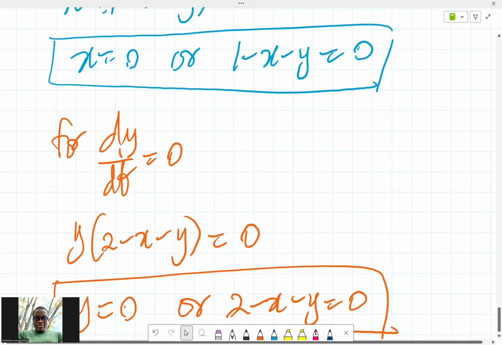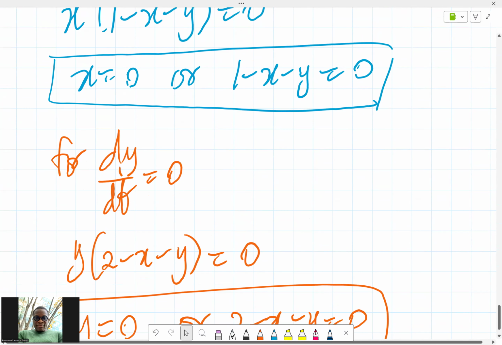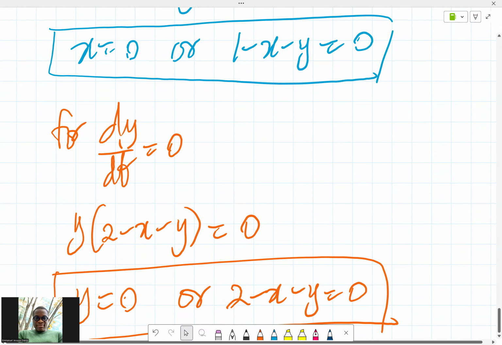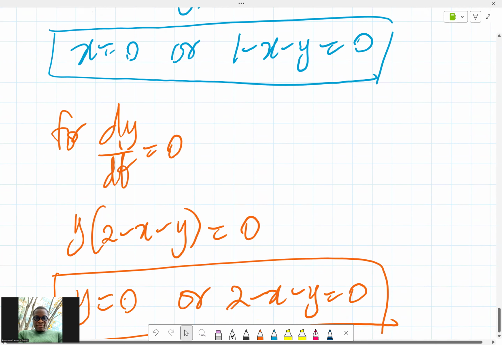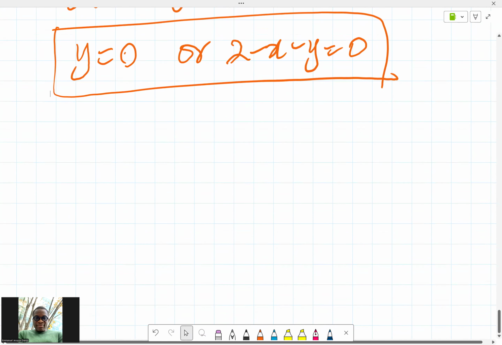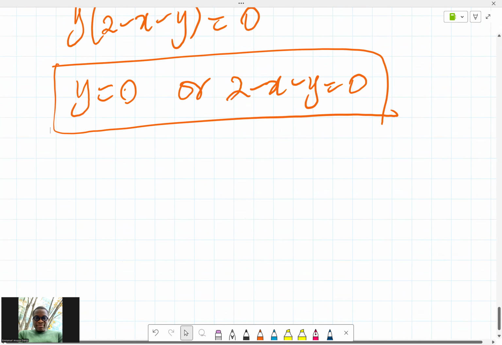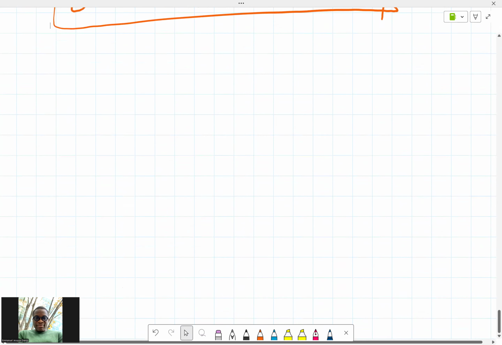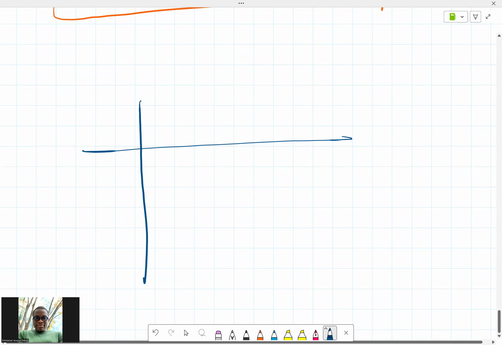Because there's interaction going on among them, we have to combine, we have possible combinations.